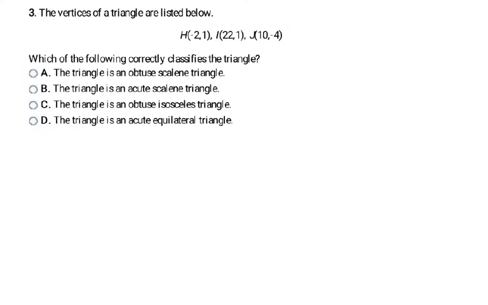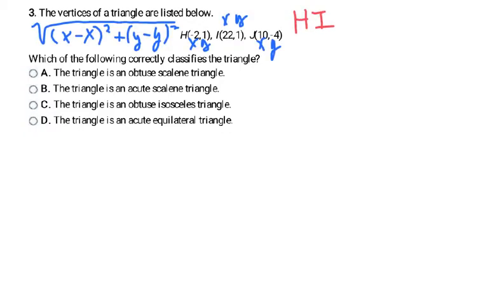You'd have to find the length of each side. So you're going to have HI as the first length to have. So I'm going to go ahead and label all of these coordinates XY and XY and XY so that we don't get our X and Y numbers confused.